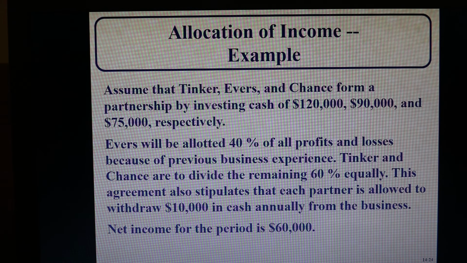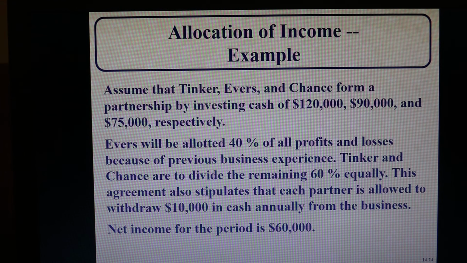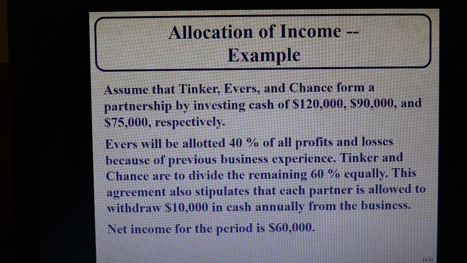Tinker and Chance are to divide the remaining 60% equally. This agreement also stipulates that each partner is allowed to withdraw $10,000 in cash annually from the business. And so net income in this first year is $60,000.